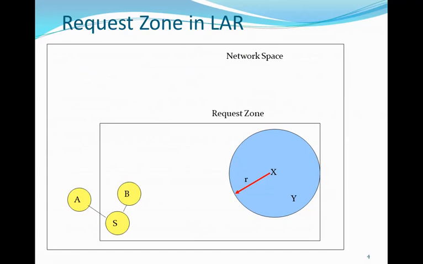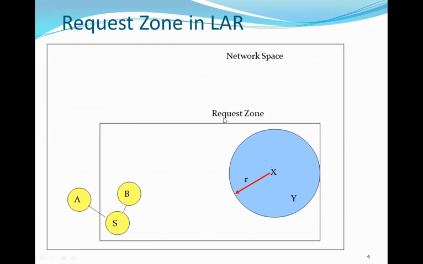So here you can see how we can derive the request zone from the network space. The network space is the space of the overall network which holds all those nodes, while the request zone is very limited, and it depends on the speed and the time that we defined to know about the destination node.